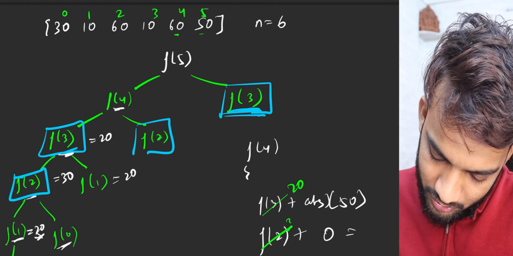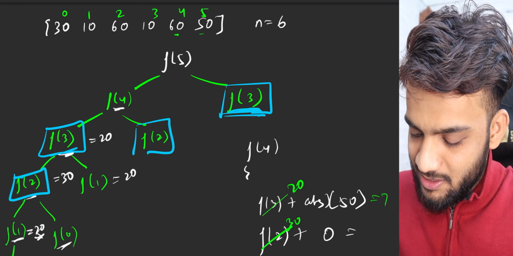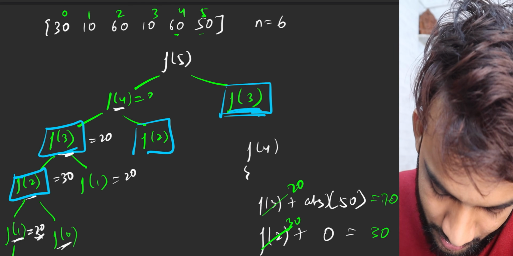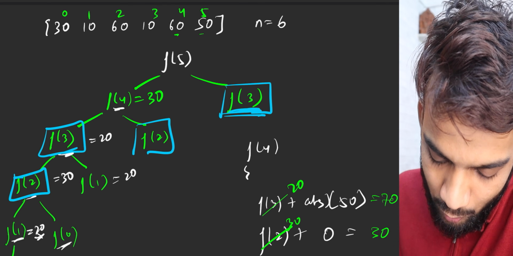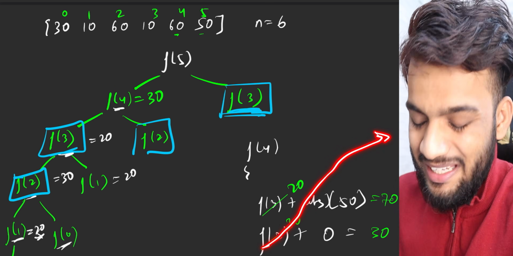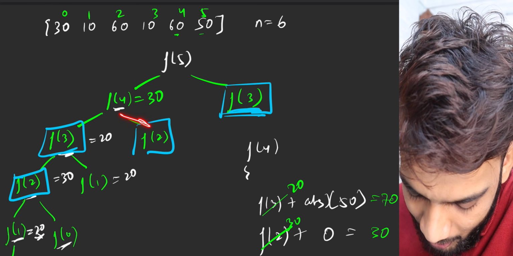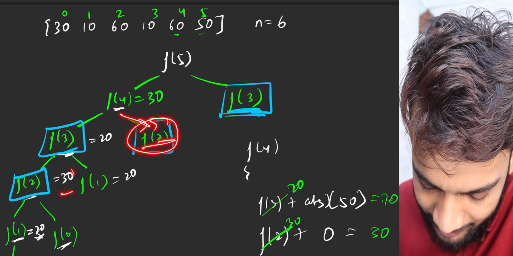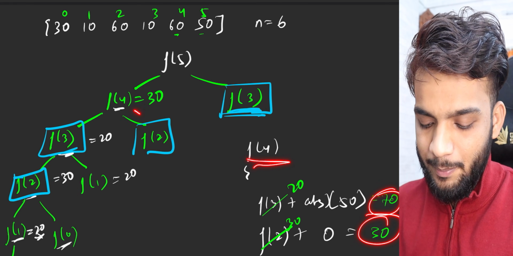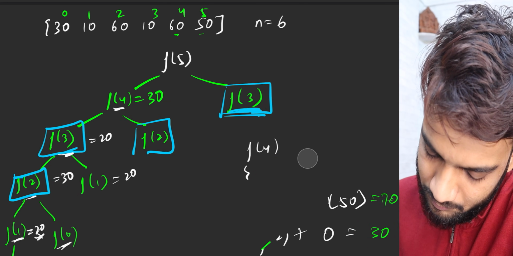What's f of 2? 30. So 20 plus 50 is 70. This is 30. Which one will you take? 30. Again, an overlapping subproblem. F of 2 will not go deep into recursion, because the moment you call f of 2, it will directly get the value 30 and return 30. So you got the minimum as 30. So f of 4 becomes 30. Perfect.